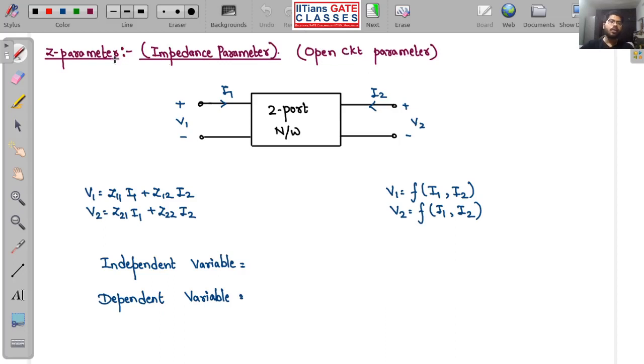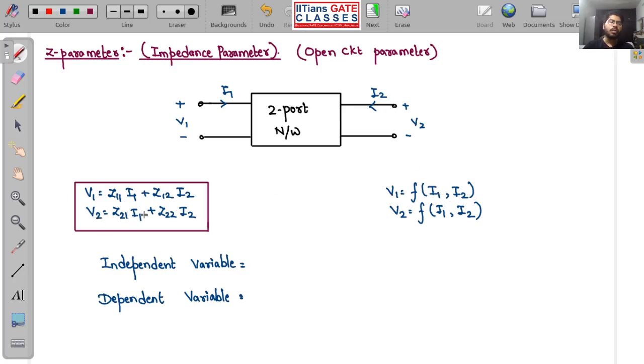The equation for the Z parameter is something like this, where V1, the input port voltage, is equal to Z11 I1 plus Z12 I2, and V2 is equal to Z21 I1 plus Z22 I2. Here you can see V1 is basically a function of I1 and I2.